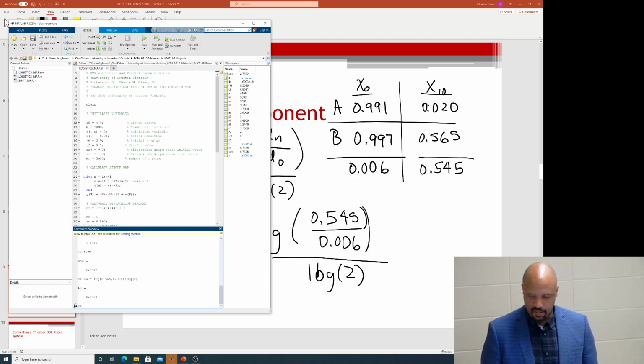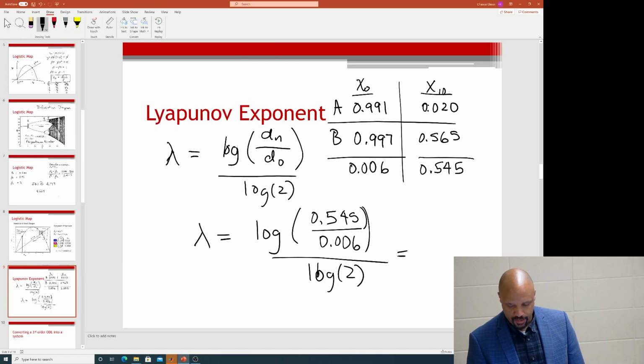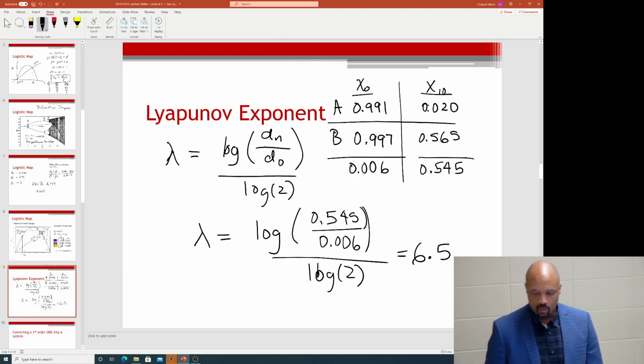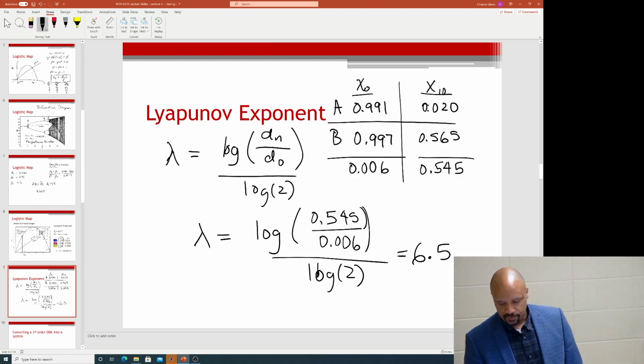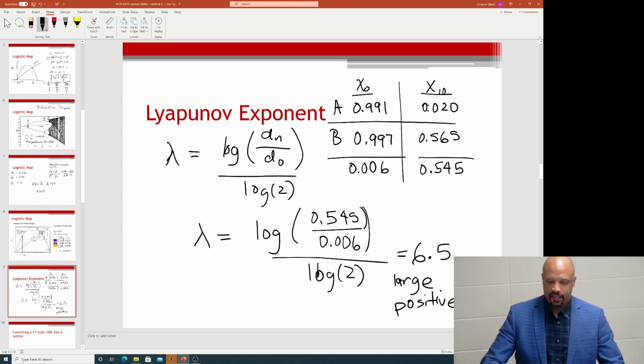And in this case, that Lyapunov exponent is 6.5, which is high. It's not super large, but it's large, especially when it comes to logarithmic scale. So it's large and it's positive, which means that it is expanding.